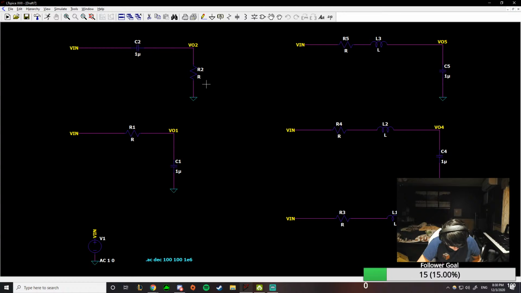So resistor 2 stays the same, but then the bottom it'll be negative j the inverse of wC plus R2, and that's going to be H(w). Okay, so it's 1, 2. Then you do the next, 3.